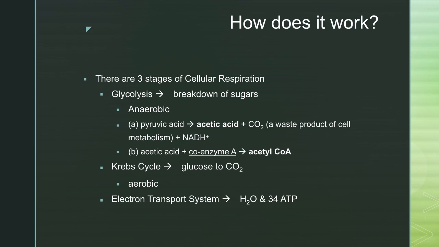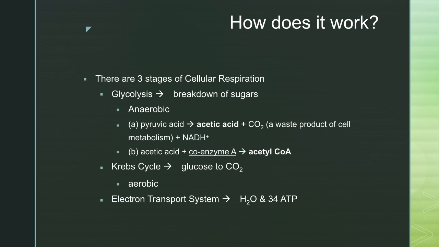The next stage is the Krebs cycle, or TCA. It occurs in the inner mitochondrial matrix. The acetyl group detaches from the coenzyme A and enters the reaction cycle. This is an aerobic process, and this means it will only happen if oxygen is there.